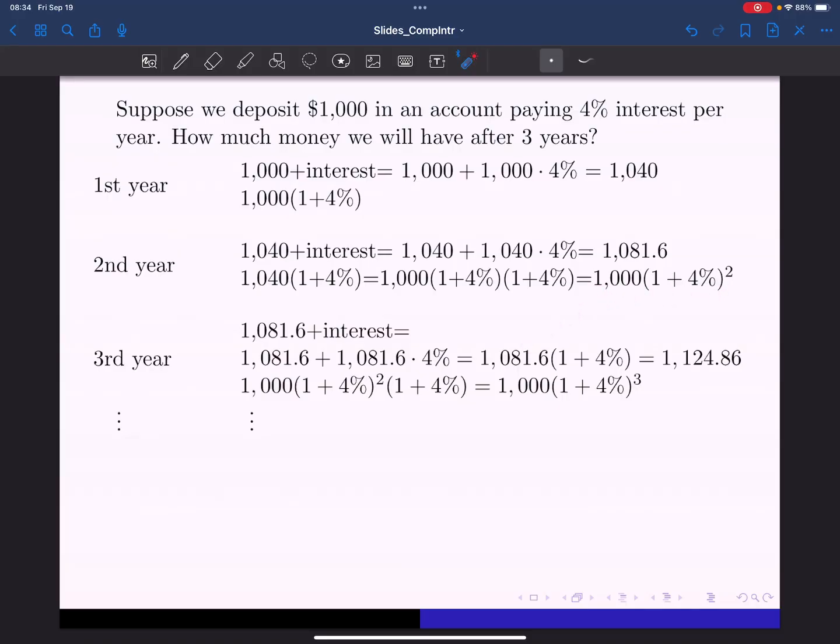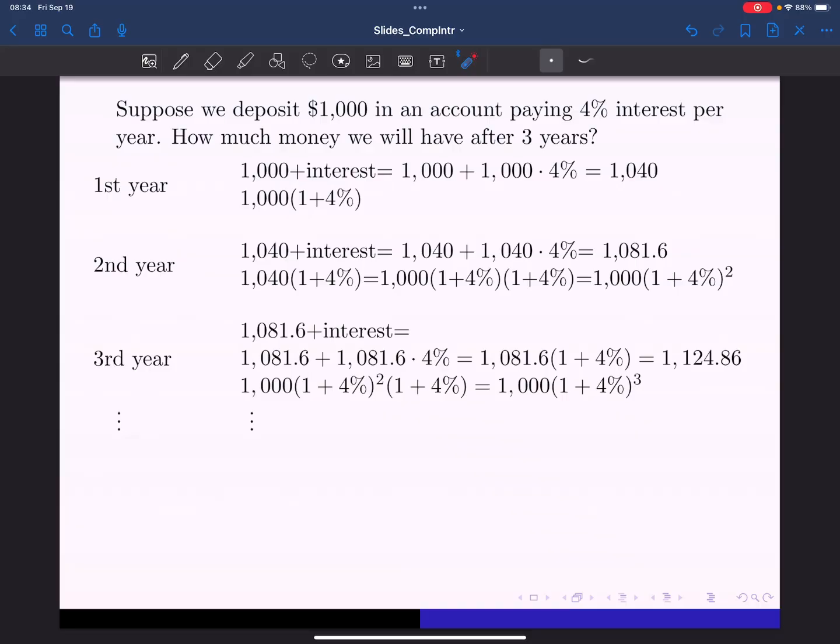So if I substitute this here, I'm going to have 1,000 times 1 plus 4% to the power 2 times one more bracket. If you have a square and one more, this is going to give me to the power 3. So let's notice the pattern. Second year, we had 1 plus 4% to the power 2.